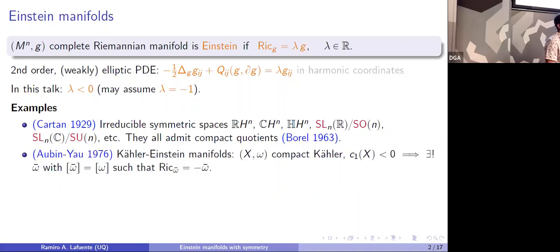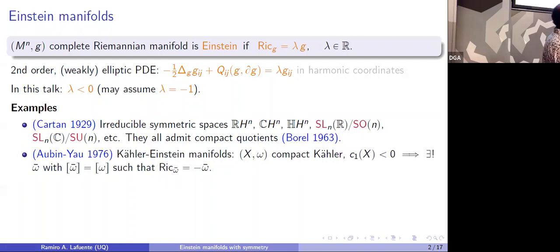Then some examples from analysis, right? So the previous examples were coming essentially from algebra. You classify semi-simple algebras to understand these objects. But from analysis, in the 70s, Aubin and Yau independently solved the Monge-Ampère equation, and they could prove the existence of Einstein metrics on some compact Kähler manifolds, right?